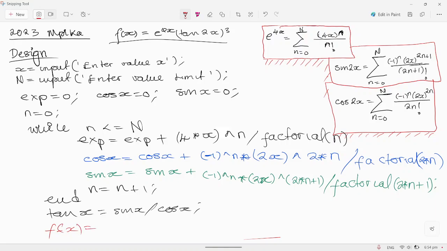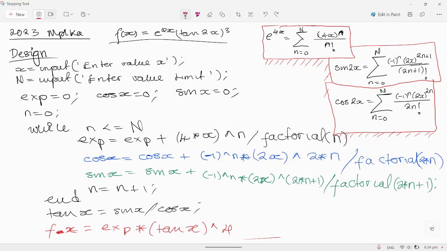No, if you do this, you're going to get an error. So maybe you use an underscore like this. F underscore x is equal to exp times tan x to the power 4. Like this. Then you get the solution.